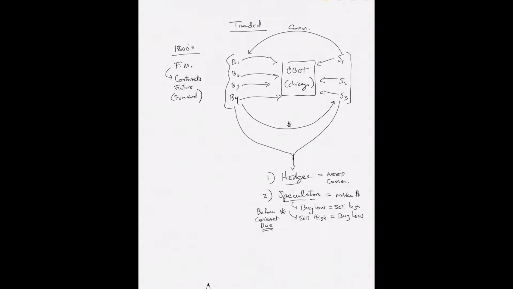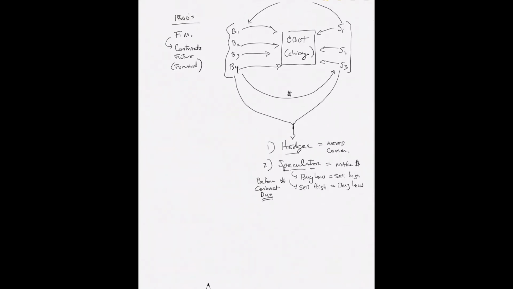So the speculators are important because they come in and try to help balance this out. And if they see something imbalanced, they have a duty, not a duty I should say, but they'll make money by buying low and then selling high later, the next day or the next week or the next month, as long as they get that done on a contract that is going to get traded before it becomes due.